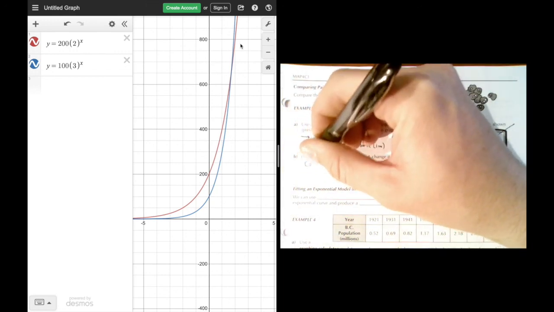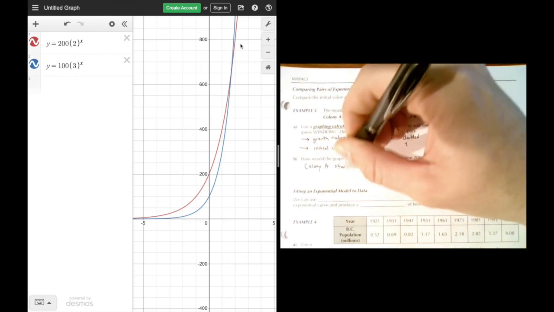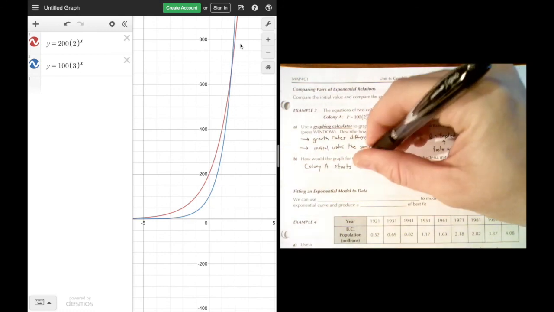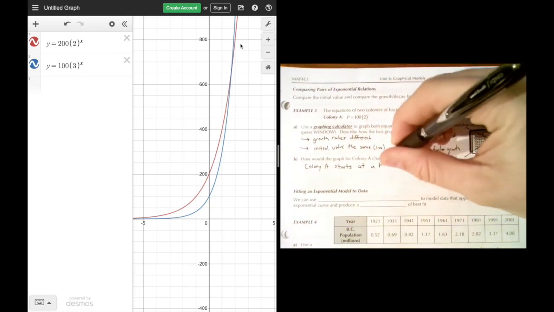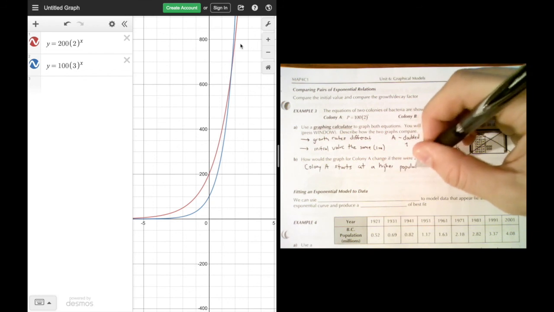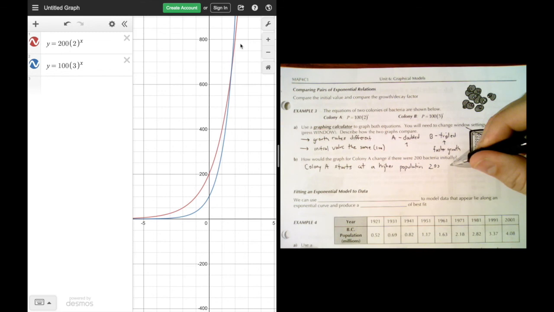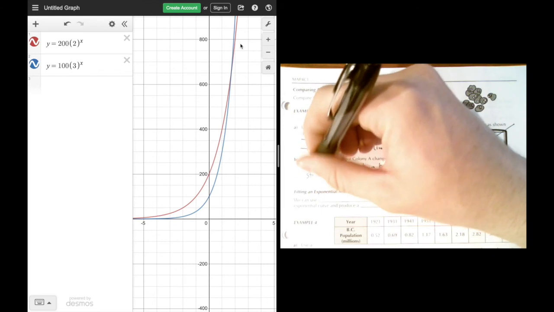Colony A starts at a higher population, 200, but colony B still grows faster.